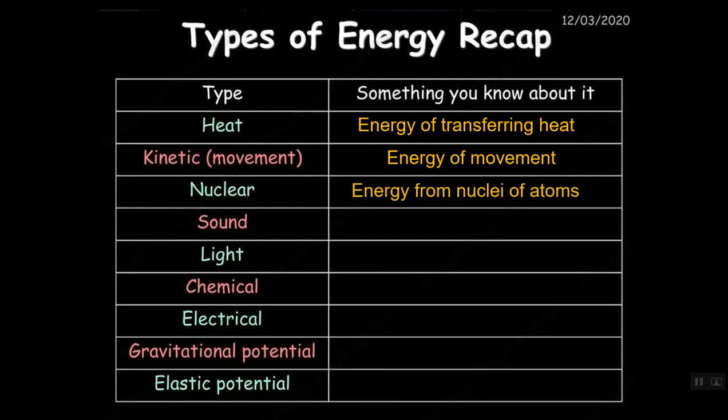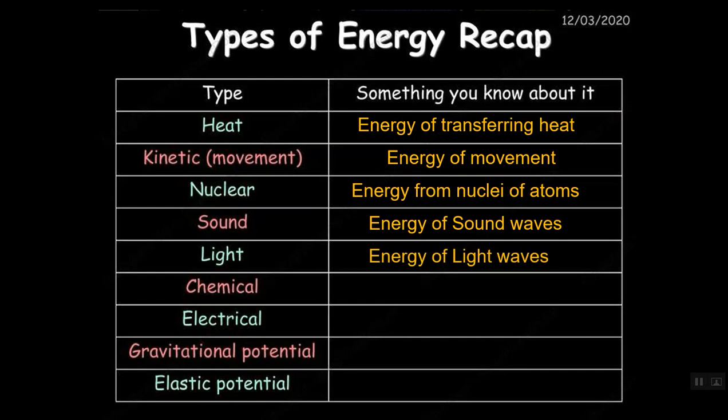Nuclear energy is a form of energy from the nuclei of atoms. Whenever there are changes in the nucleus, nuclear energy is released, and that's where we get nuclear radiation and radioactivity from. Sound is the energy of sound waves. Sound is a form of energy that travels in terms of a wave.